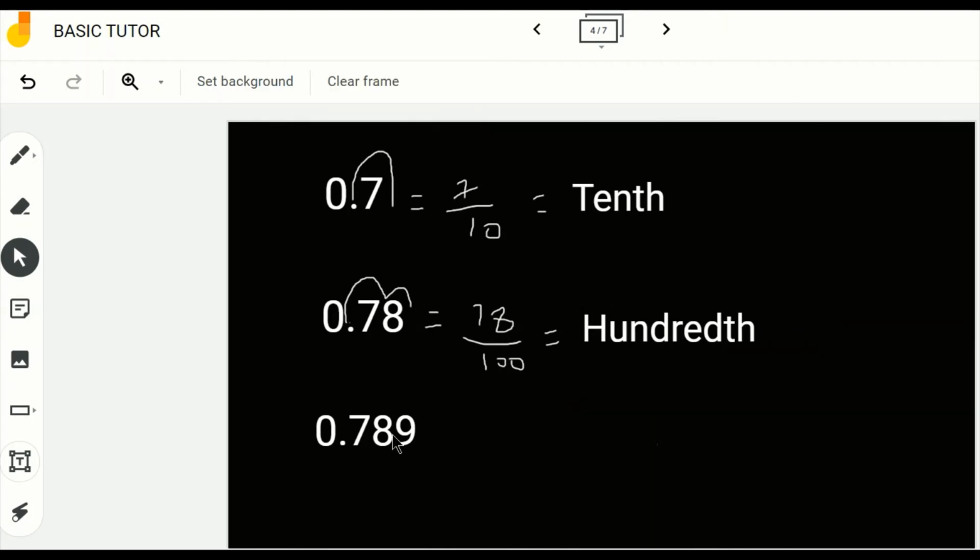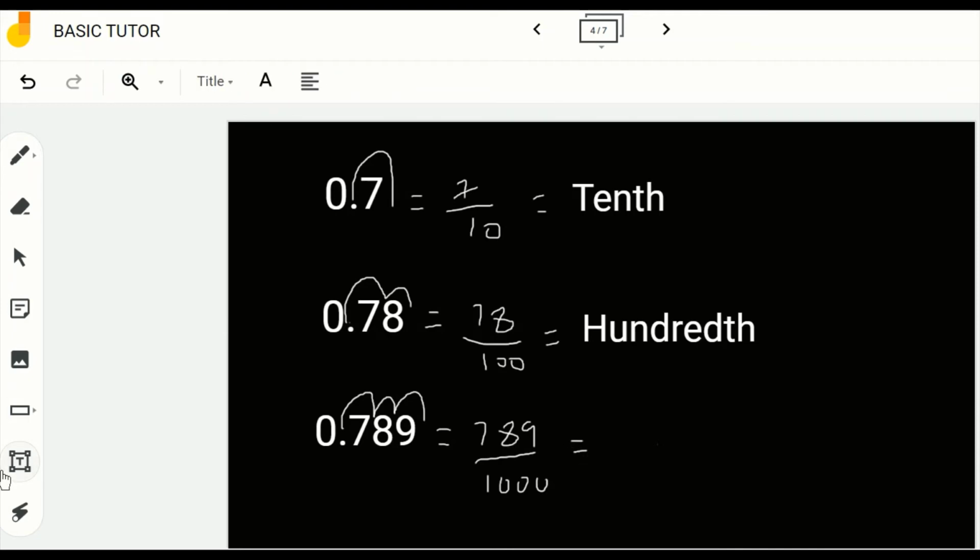All right, for the next decimal number, we have 0.789. We convert to a fraction, that is 1, 2, 3. That is 3 times, so it becomes 789 over 1,000. So this represents thousandth. So three decimal places represent thousandth.